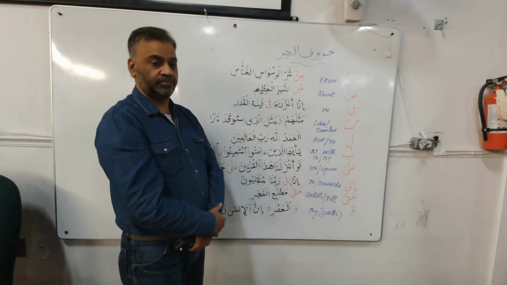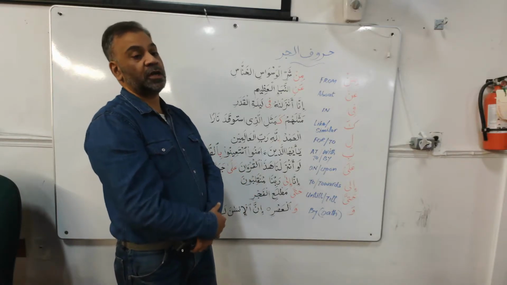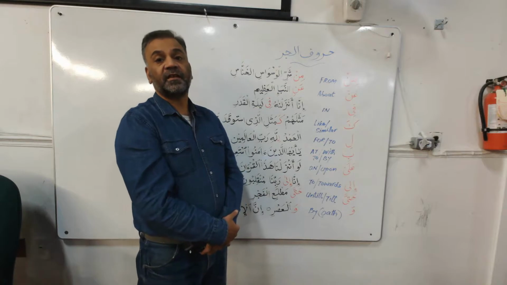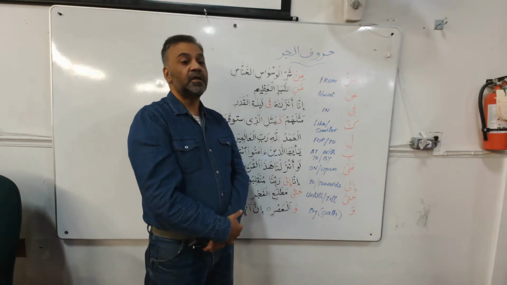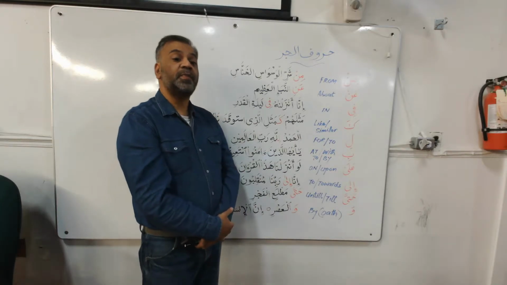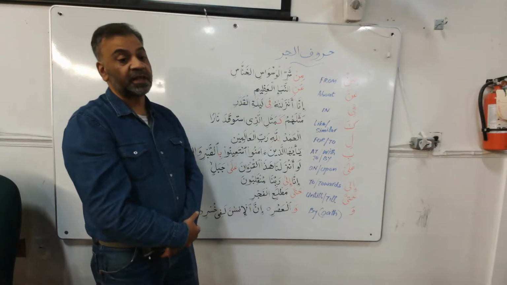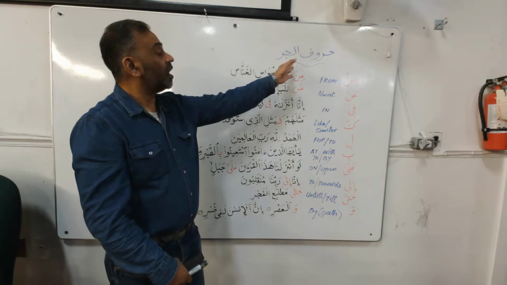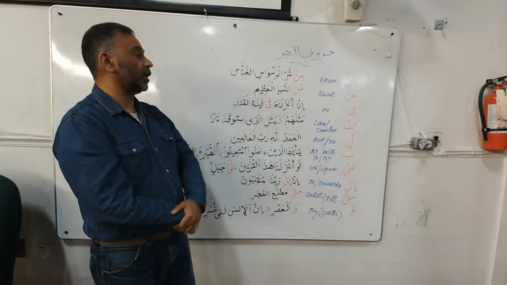All nouns are marfu in nature, but depending on the role they play in a sentence, they become mansoob or majroor. Today, the noun is playing the role of ism majroor because it is being followed by harf jar, or huruful jarri, the particles of pulling.